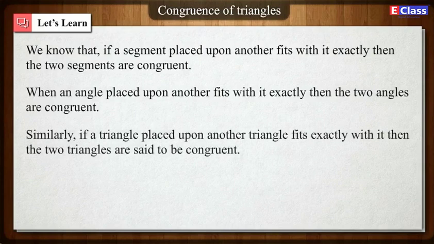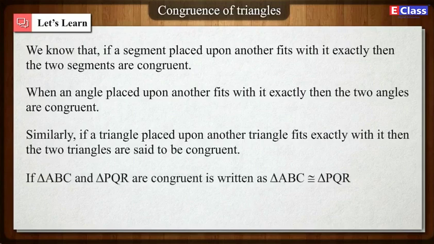Similarly, if a triangle placed upon another triangle fits exactly with it, then the two triangles are said to be congruent. If triangle ABC and triangle PQR are congruent, it is written as triangle ABC is congruent to triangle PQR.